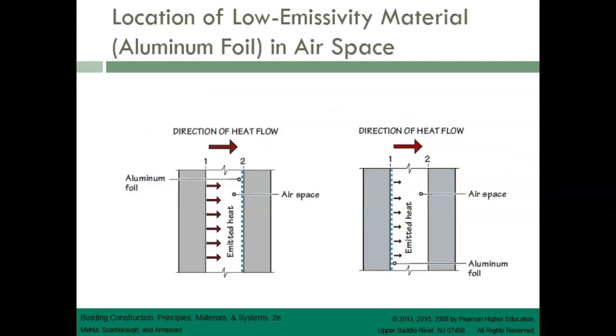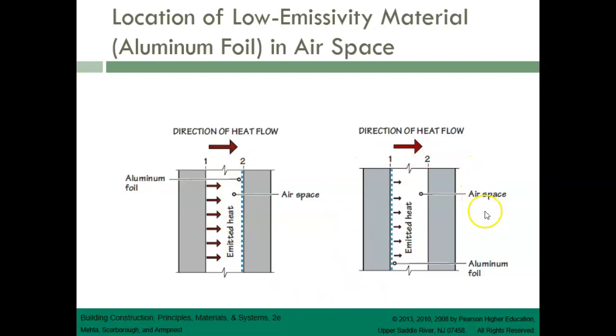Regarding the location of low emissivity material in an airspace, if we take a look at figures 5.14 and 5.15 in your text, the main difference between these two is the location of the emissive layer. So the foil in the first one, if the heat is coming from the left-hand side, is going to reflect back into the airspace once it gets to layer 2.